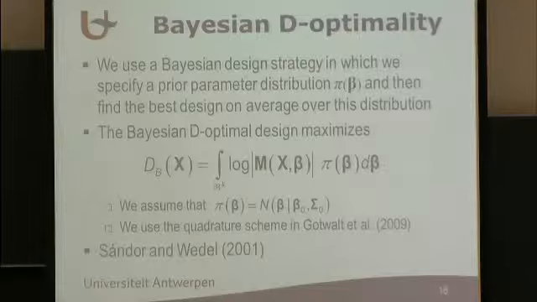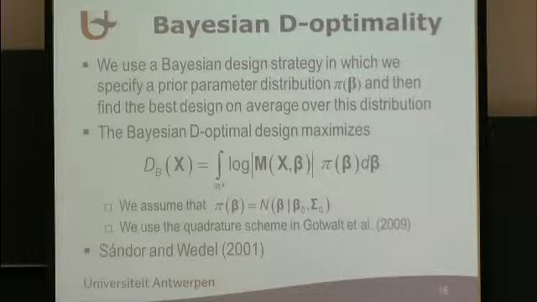Now, since we use the normal prior distributions, we can evaluate this integral very rapidly because we can rely on the quadrature scheme developed by Gotwalt, Jones, and Steinberg in a Technometrics paper in 2009. This quadrature scheme allows this integral to be approximated well at a relatively low computational cost.